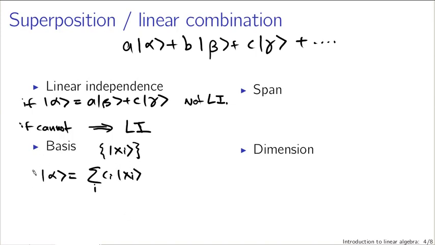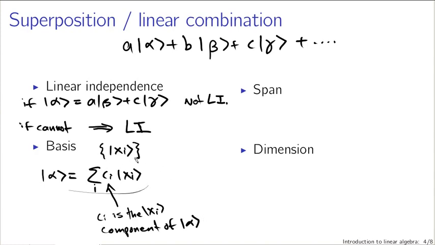In this case, I would say I have expressed alpha in the basis of states, or a basis of vectors given by x sub i. This c sub i here is, in some sense, the x sub i component of the vector alpha. So if I have a set like this that I can use to express other vectors, you can describe that set as being a basis.